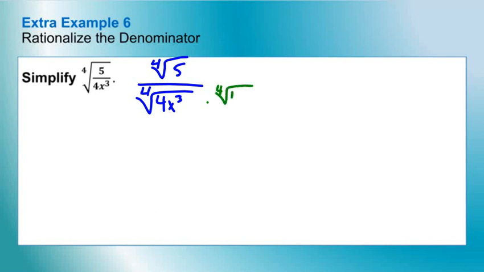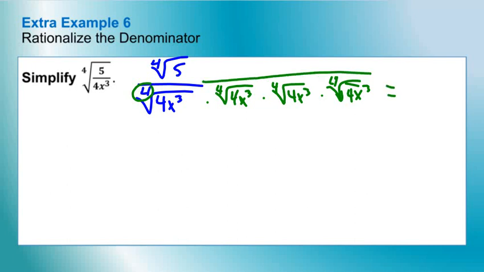So that'll be the fourth root of 4x cubed times the fourth root of 4x cubed times the fourth root of 4x cubed. To know how much I'm multiplying on the bottom, the index here tells you how many groups I need to have down there. So I need to have a total of 4, which I do, which will now give me 4x cubed.